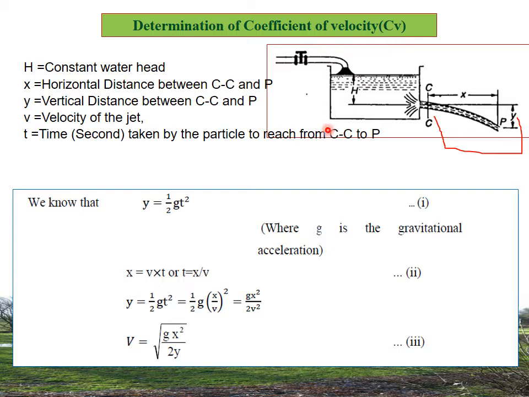In order to find the coefficient of velocity, we have to take a measuring tank and a container or vessel, with the orifice situated at the side or bottom of the tank, where the water supply will be there.